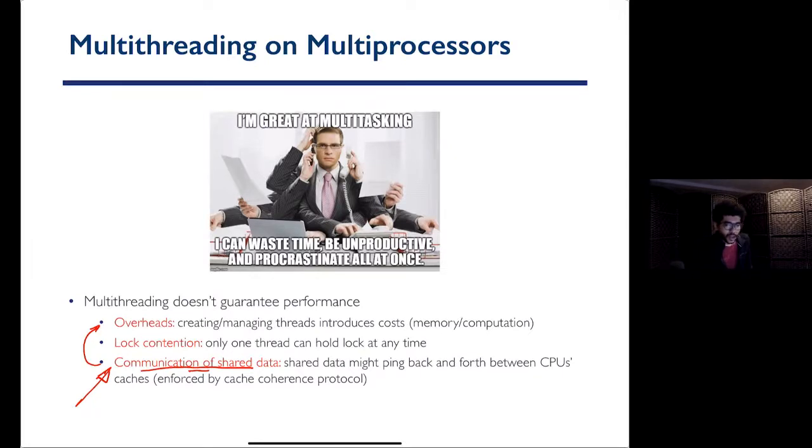We got to a point where our program was really, really slow, and we didn't get why. It turned out that the reason it was very slow was cache coherency.